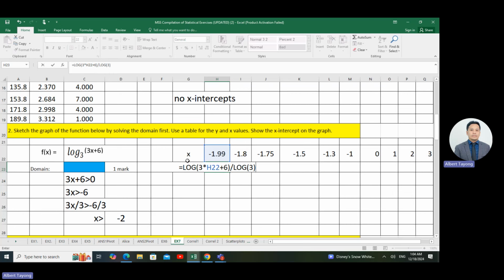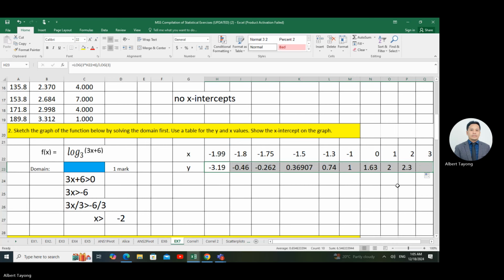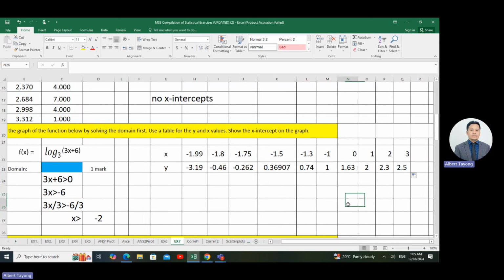So we have log 3x plus 6 over log of 3. We have to take only the first x, that is negative 1.99, very close to negative 2. So we need to take values to the right of negative 2 because greater than negative 2. And drag it to the right. So these are the values.